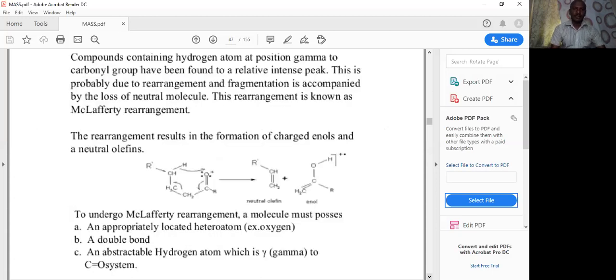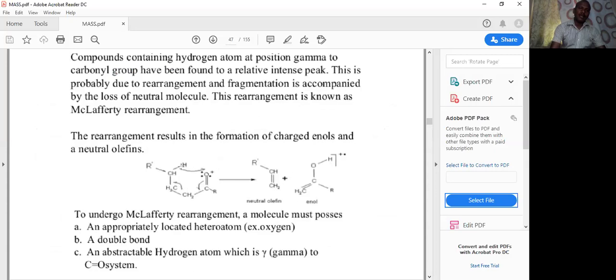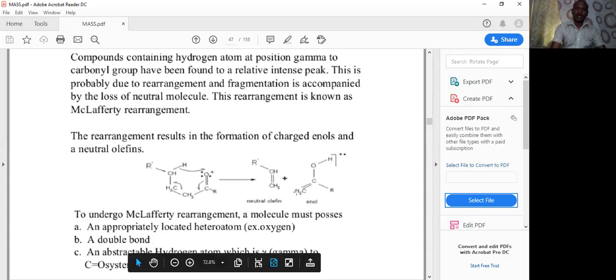Here you can see the example of McLafferty rearrangement, and especially this is a ketone. Here the gamma hydrogen migrates to the oxygen, and you have the fragment ions. A neutral molecule will be eliminated.